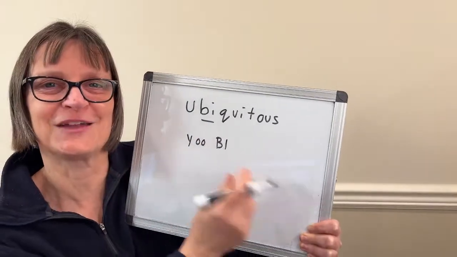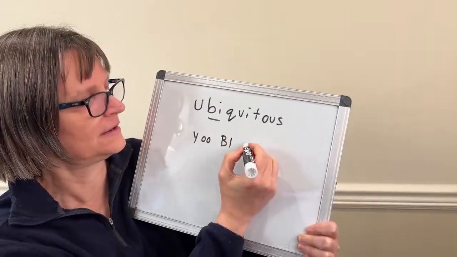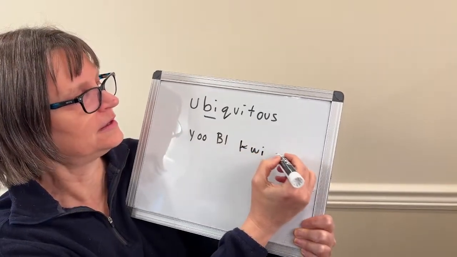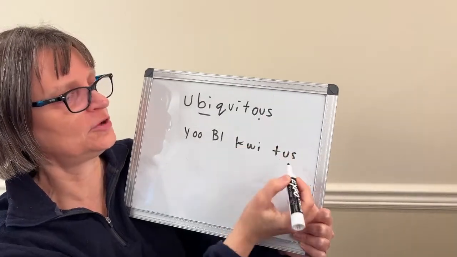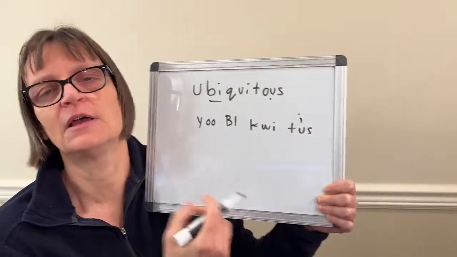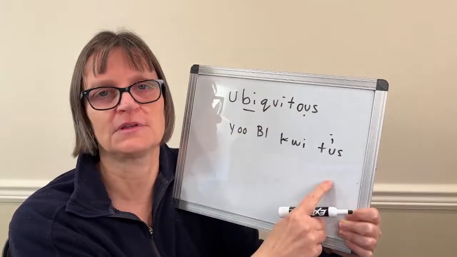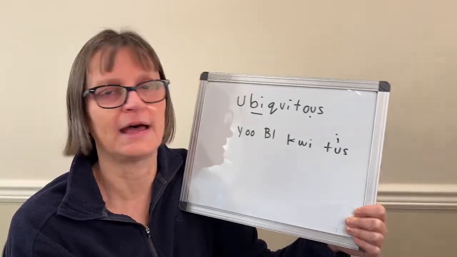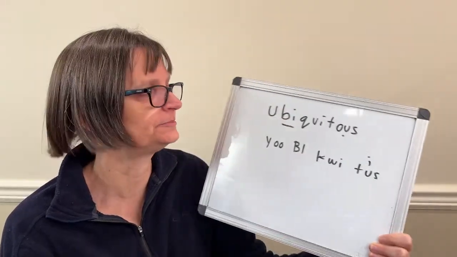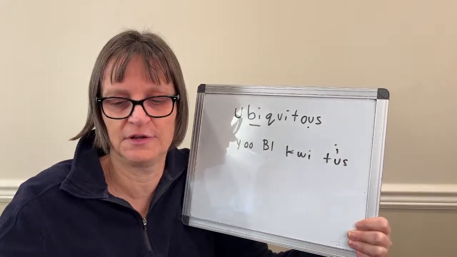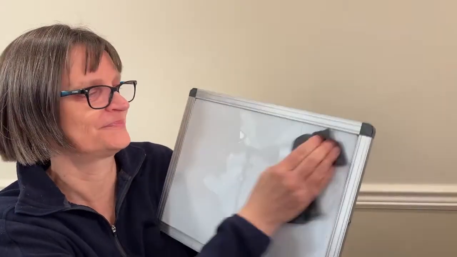But we link between the B and the qu, so you can think about biqui. Ubiquitous. So a schwa here, but you might also say it as a bit of an I sound. As long as you have a reduced vowel there, it doesn't matter too much which vowel. Ubiquitous. So right now, iPhones or cellular phones are ubiquitous. They're everywhere. That means ubiquitous means you see a lot of it. It's everywhere. Okay, very good.